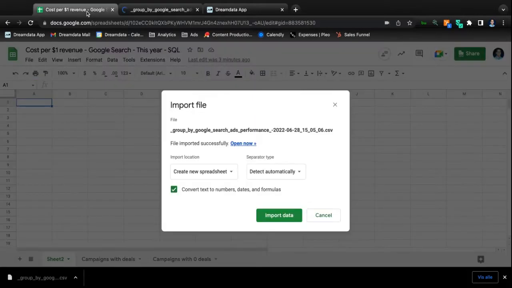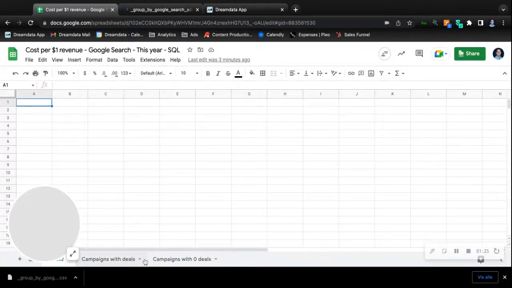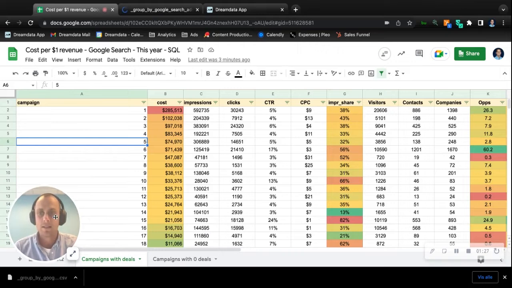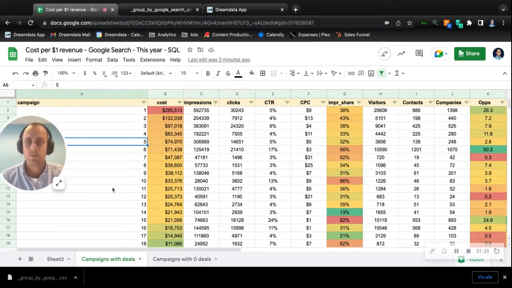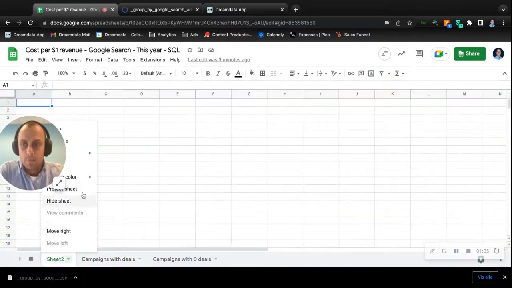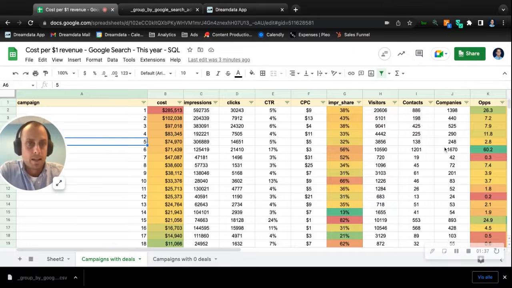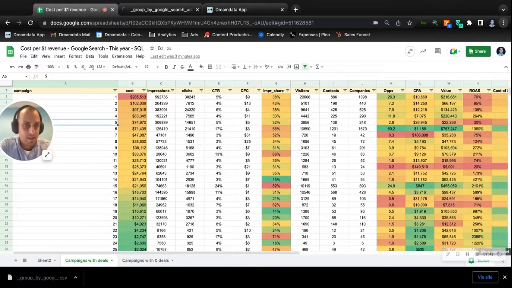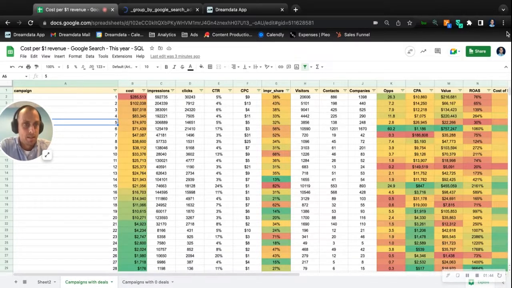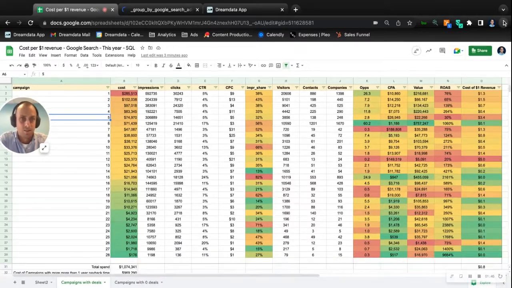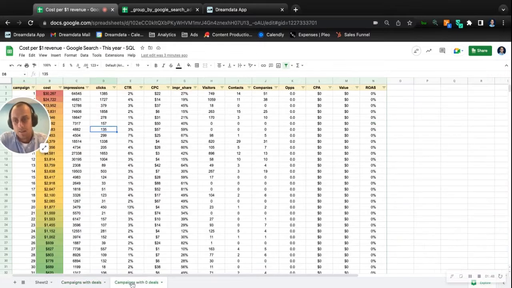I'll show you the analysis I did on behalf of our customer. It's over here. The first exercise was to split the campaigns in two: one tab for the campaigns that actually have deals associated to them, and another tab for the campaigns that don't have any deals associated to them, because the decision making varies a little bit.